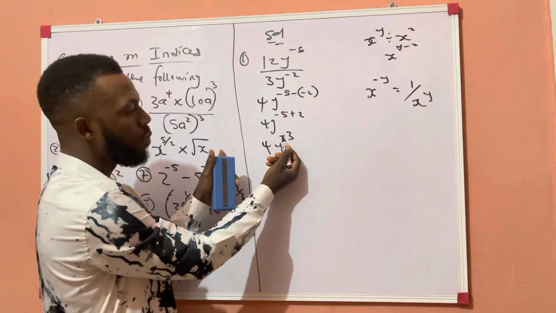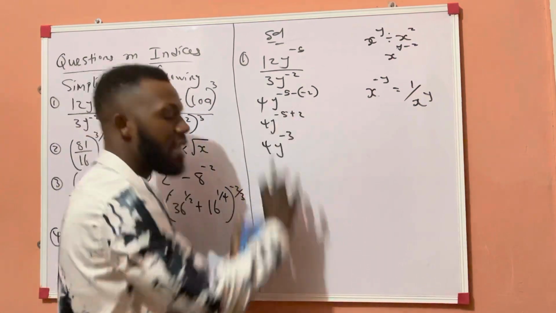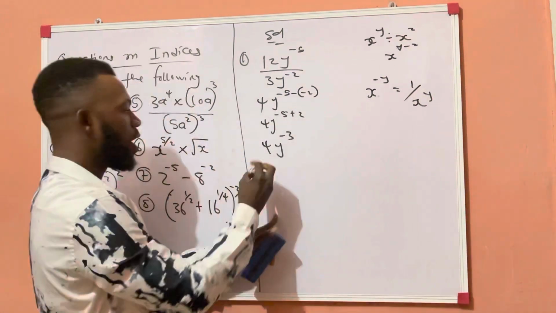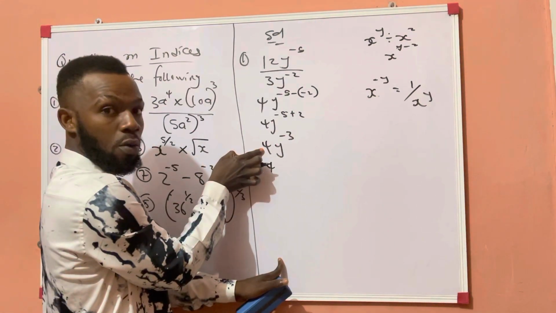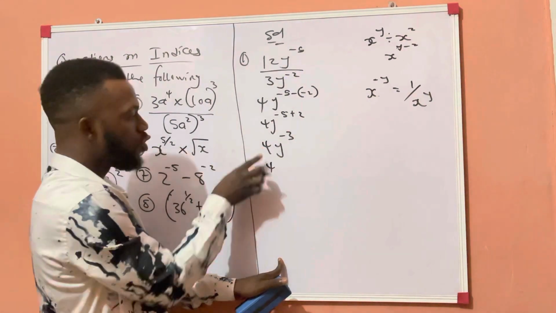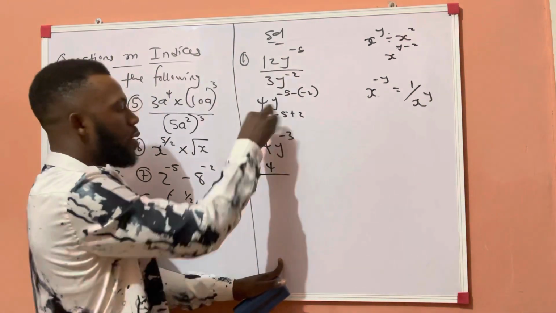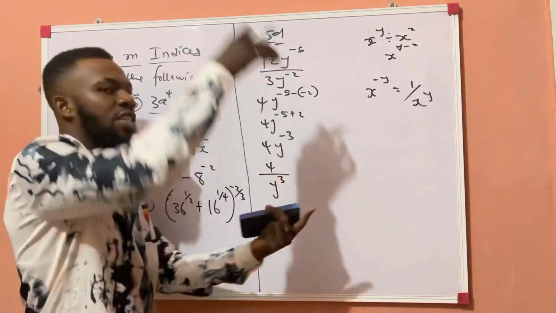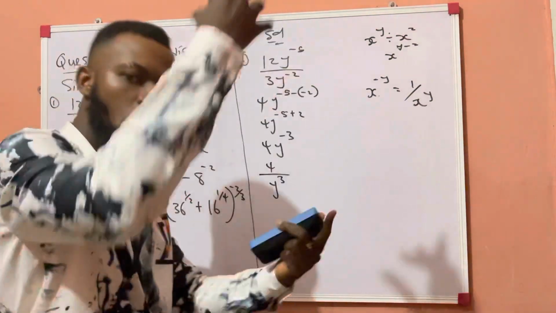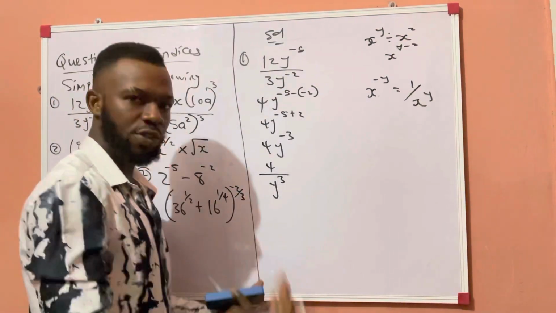In order for me to remove this negative sign, I bring it down. It will remain 4 on the numerator, so it becomes 4 over y raised to the power of 3, because when a negative power comes down, it becomes a positive power.